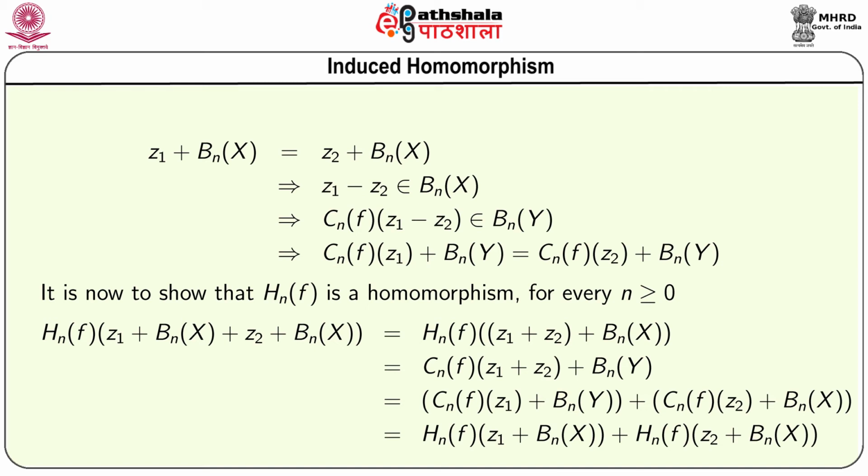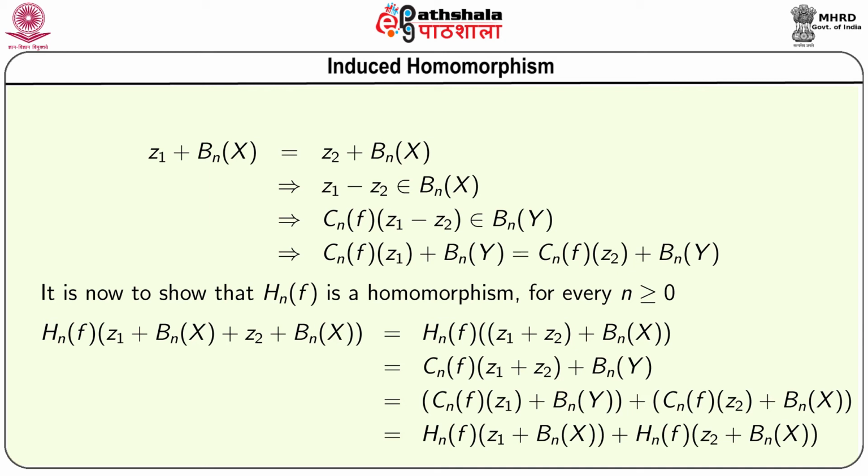Once again, we know that Cn(f) is a homomorphism. So, Cn(f)(z1 plus z2) will be split into Cn(f)(z1) plus Cn(f)(z2), thereby giving Cn(f)(z1) plus Bn(y) plus Cn(f)(z2) plus Bn(y), which is equal to Hn(f) of z1 plus Bn(x) plus Hn(f) of z2 plus Bn(x).